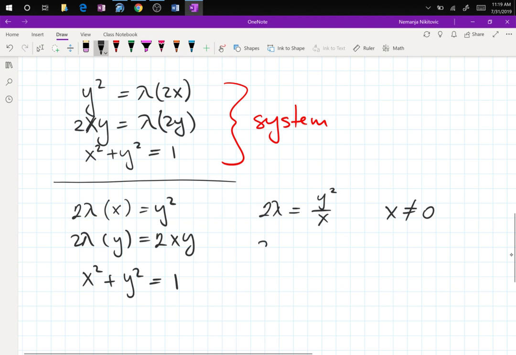And if I write 2 lambda is equal to 2xy divided by y, from there I am stating that y cannot be 0. And those are, right, now big claims, because this is not an applied problem, so they could be 0. So we have to take that into account.